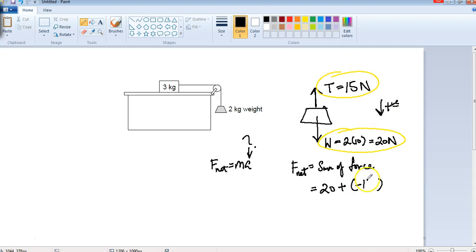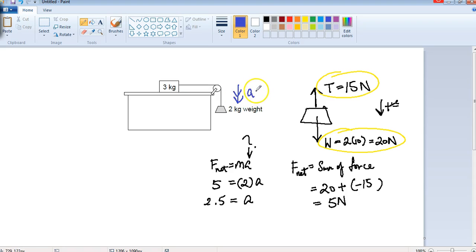So I will write minus 15, and therefore I get a net force of 5 Newton. Now that I know my net force, I can substitute into my left equation. I know my F net is 5, I know my mass is 2, I do not know my acceleration. So from here I work out that my acceleration is 2.5 meter per second square.